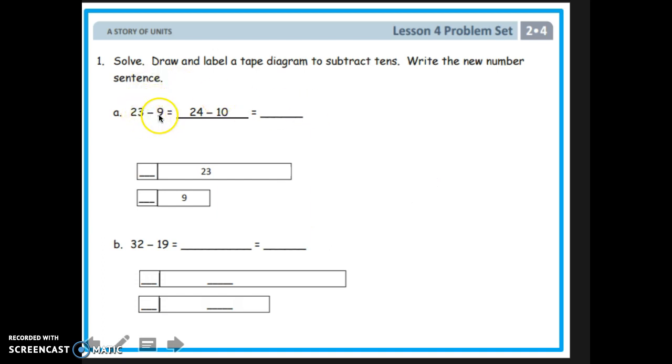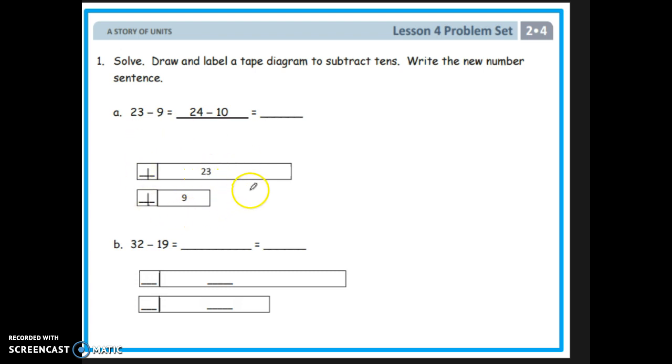23 minus 9 equals 24 minus 10. And look at how they're doing this. So we have our 23 tape diagram. Then we have our 9 tape diagram. What are we going to be adding to make this a friendly number, closer number? Yeah, we're going to add 1. So we're going to put 1 here and 1 here.